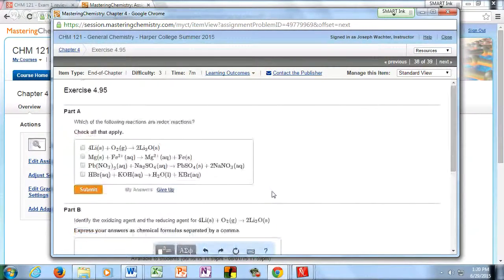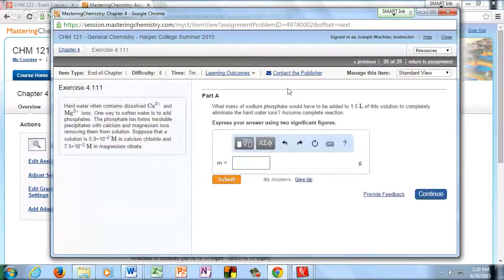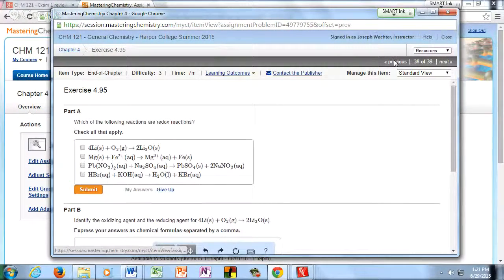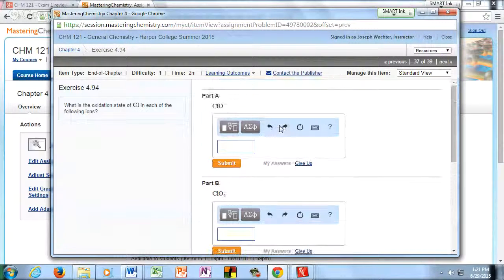Are you going to ask us about electrolytes, and which ones make a strong one, which ones make a weak one? Yeah, let's talk about that for a second. I was trying to look if there was one in here. But it's just another way of asking about solubility, right?